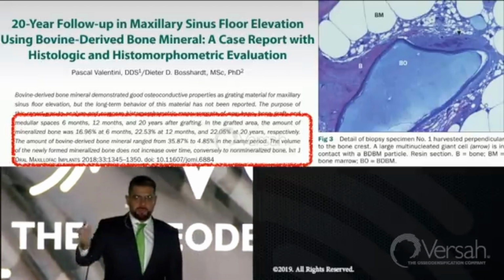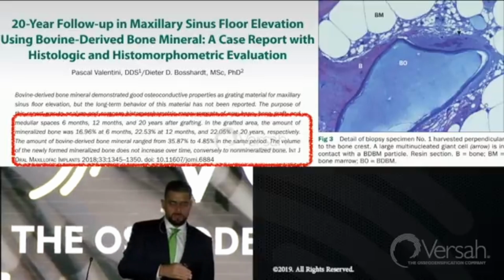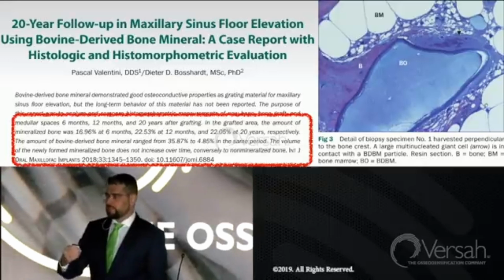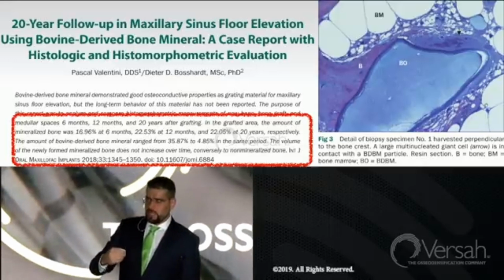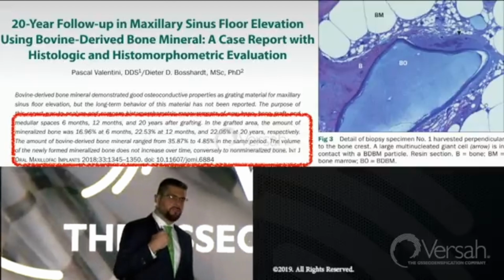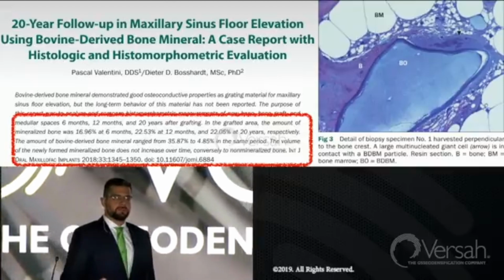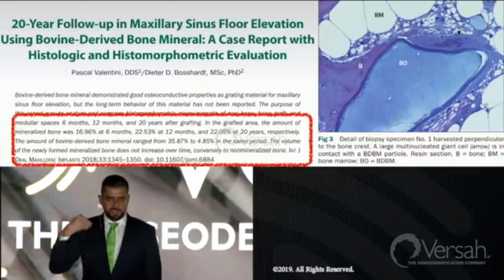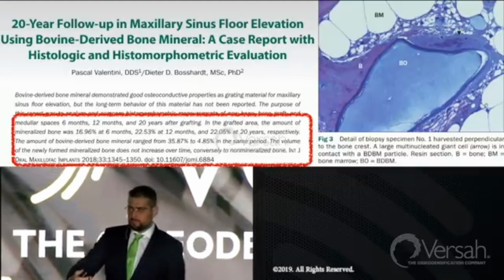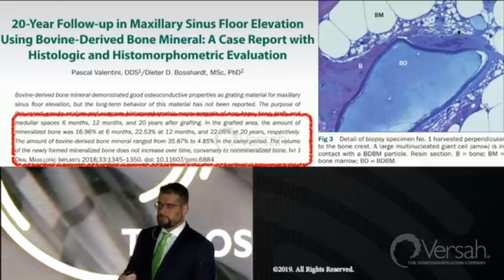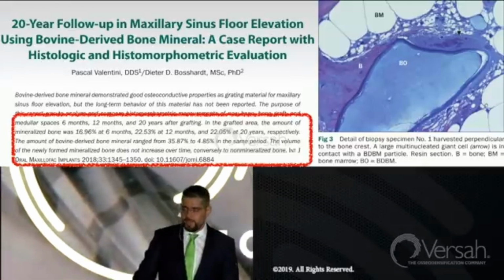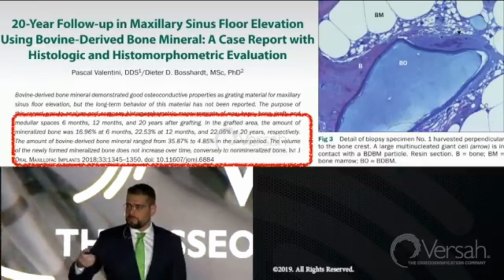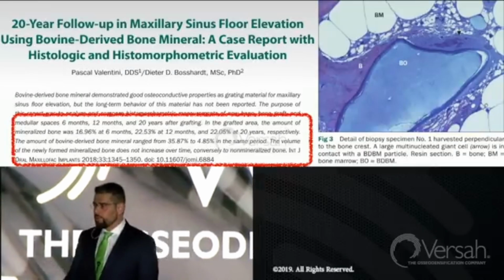A graft particle that is present 20 years later is not vital. What is it doing? It's acting simply as a filler. A filler can be interesting for some clinical situations, but it's also important to understand that a filler occupies space that could be used by vital bone. If the particle stays there forever, it will take away space that could be used for more vital tissue formation, turnover over time, remodeling.